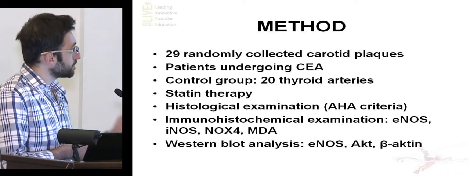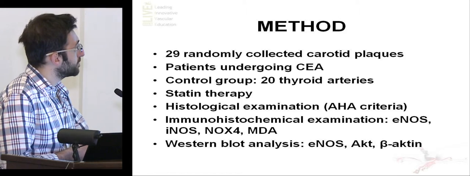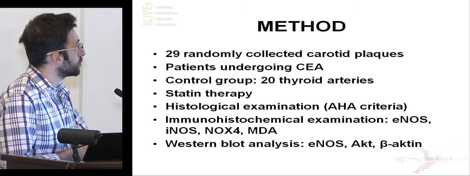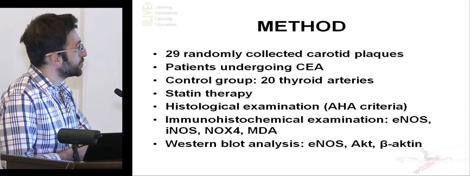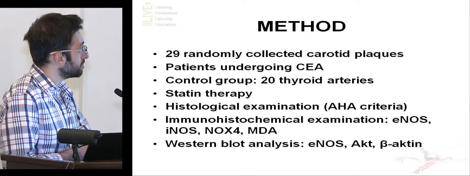What we did is we randomly collected 29 carotid plaques from patients who underwent carotid endarterectomy. We also had a control group of 20 thyroid arteries, and we compared patients who were under statin therapy and patients who were not.